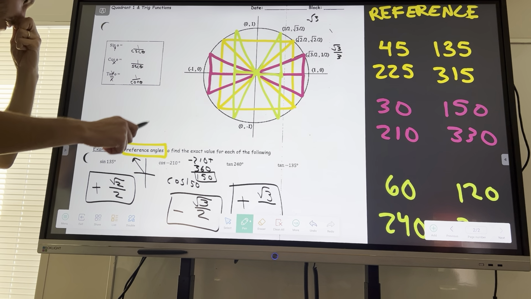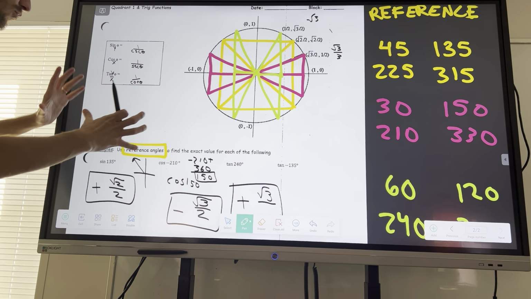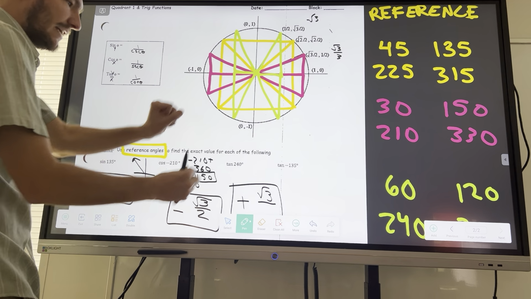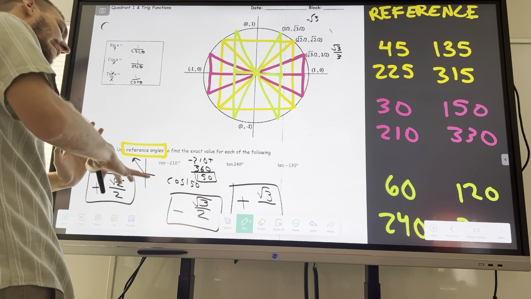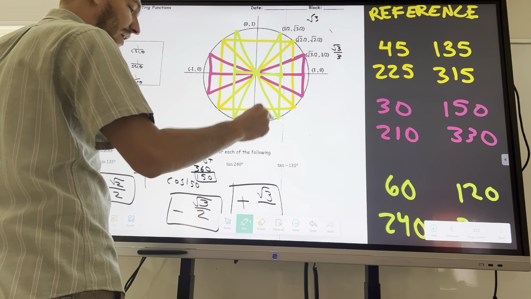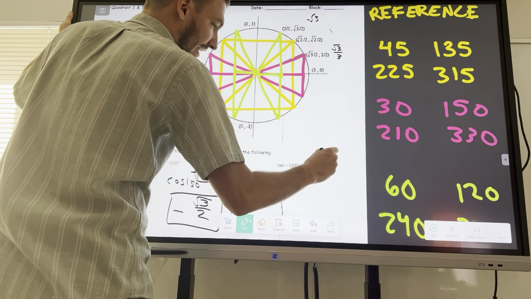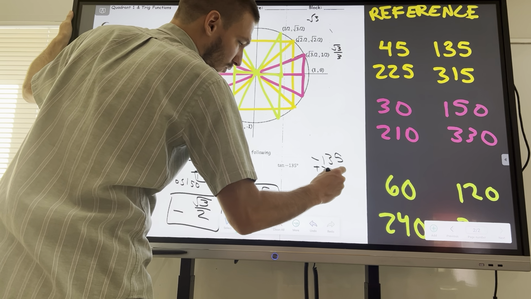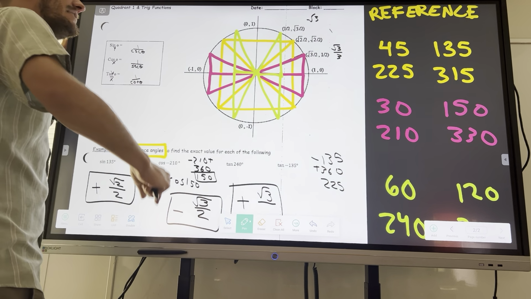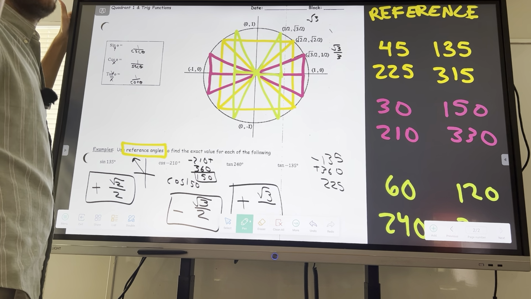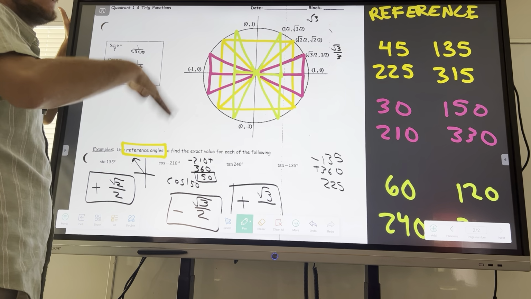All right, let's do this last one quickly. We've done one from each family, the 45 family, the 30 family, and the 60 family. So now let's do this one, which could be any of them. Tangent negative 135. I don't like negatives. Let's add 360, and we get 225. Which family is 225 in? The 45 family. So all I need to do is grab the 45 and get out of there.